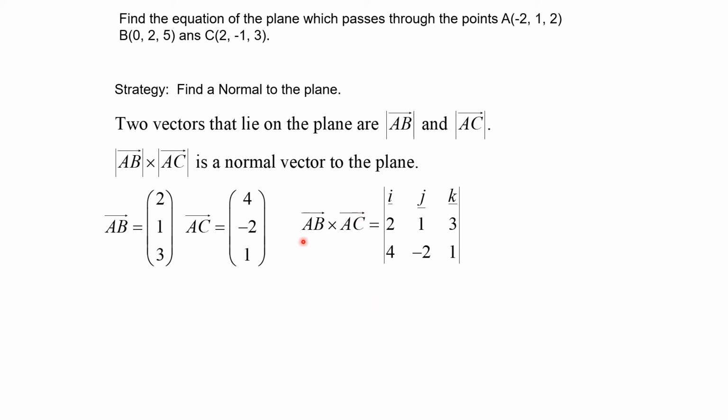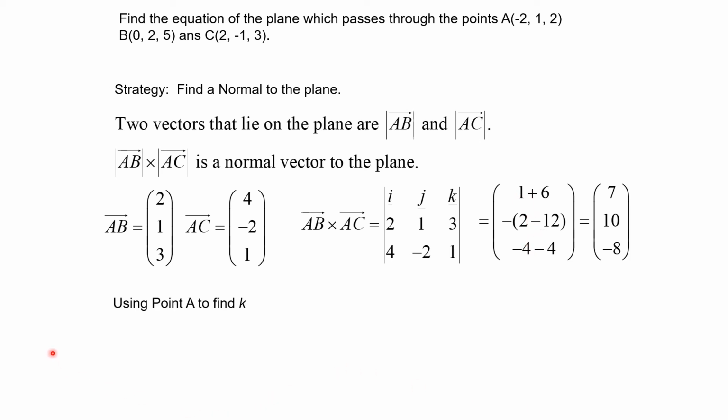I have explained this in the previous set of slides. Applying the shortcut method, you get a normal vector, which is 7i plus 10j minus 8k.